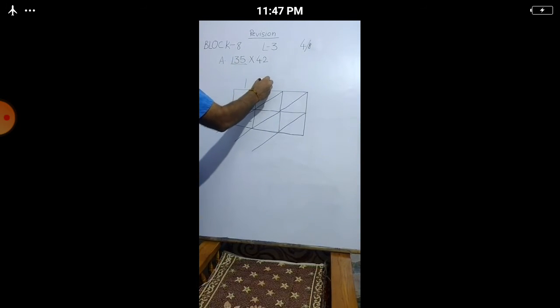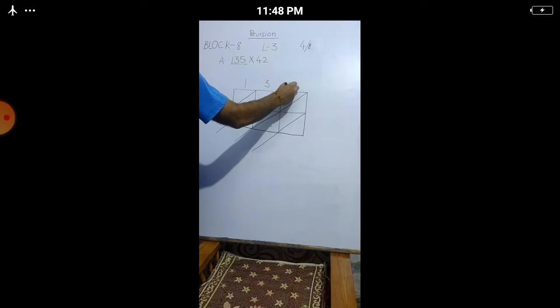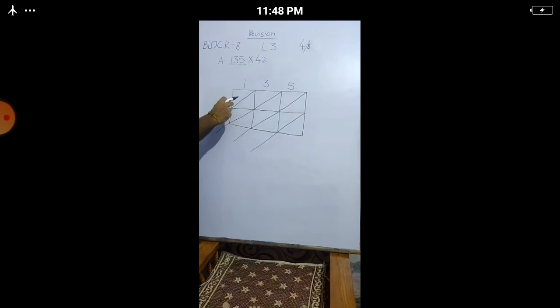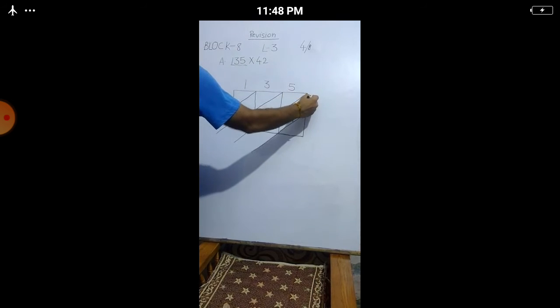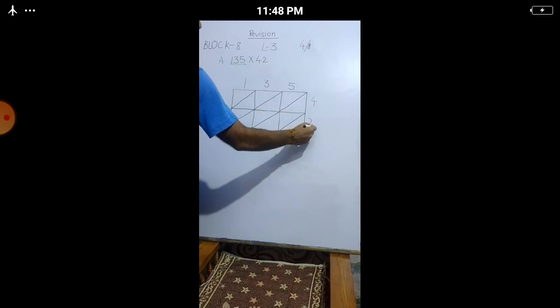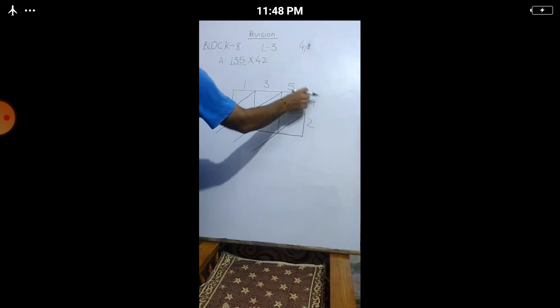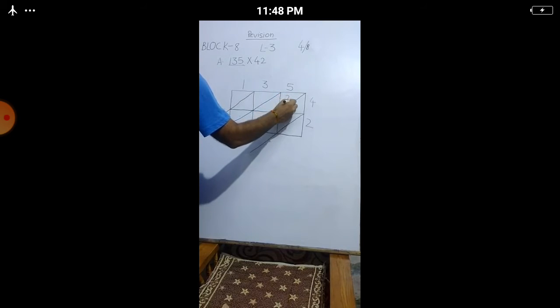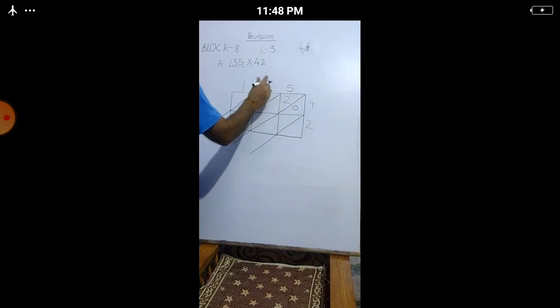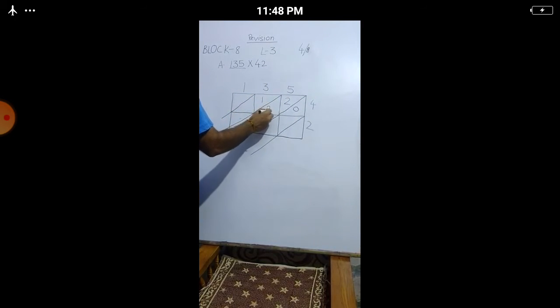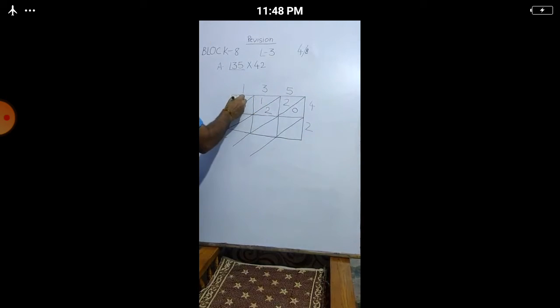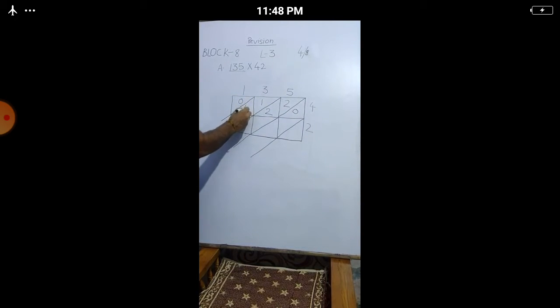And how many rows? 2 rows. This is the first row, second row, meaning 42. 4 and 2. 4 5s are 20. 4 3s are 12. 4 1s are 4, 0, 4.